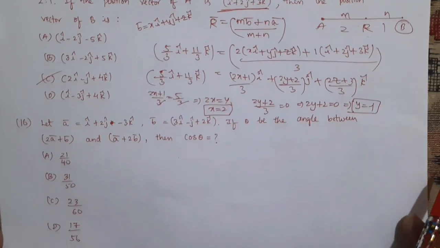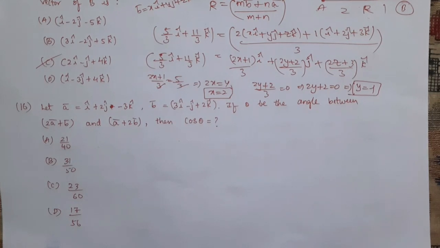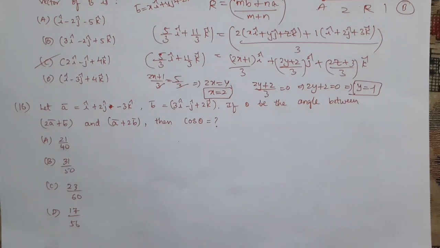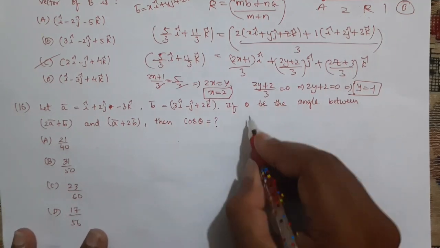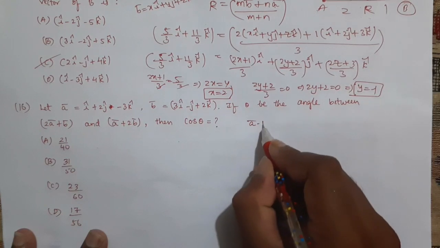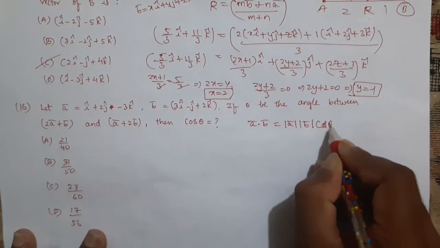Next, last question of this session. Let a bar is equal to i cap plus 2j cap minus 3k cap, and b bar is equal to 3i cap minus j cap plus 2k cap. If theta be the angle between 2a bar plus b bar and a bar plus 2b bar, then cos theta is equal to. So actually we know that a bar dot b bar is equal to modulus of a bar into modulus of b bar into cos theta.